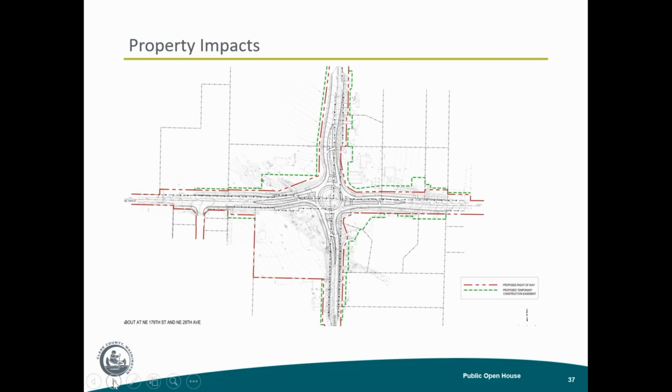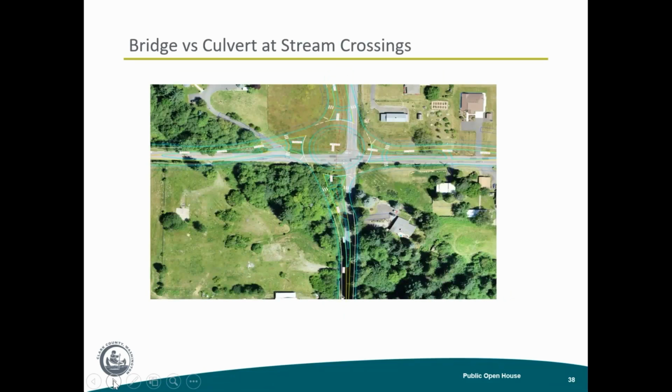So next slide. We're going to talk about this. This is an overview of the roundabout over the existing aerial. You can see this tributary to Mill Creek comes at an angle through the project. There's 2 creek crossings. They're pretty deep ravines, frankly.